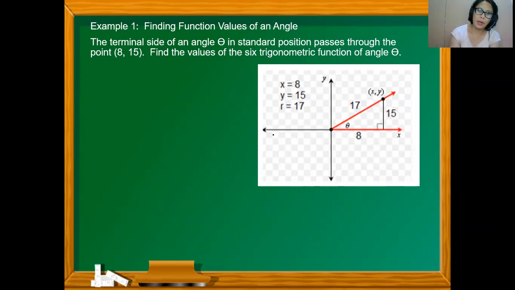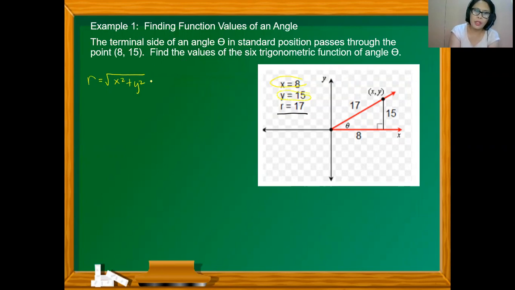So how did we come up with r equals 17 here? Solving for r is obtained by working on r equals the square root of x squared plus y squared, and we know that x is 8 and y is 15.